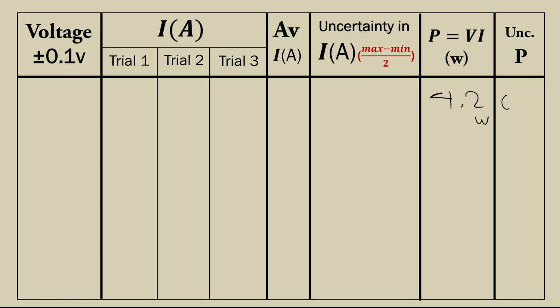The uncertainty cannot be 0.01, because the last right figure in that uncertainty is in the hundredths place, while the values are reported only up to 0.1, a tenth of a watt. So it's not compatible, and you should be aware of that. You can learn this lesson in my uncertainty video.